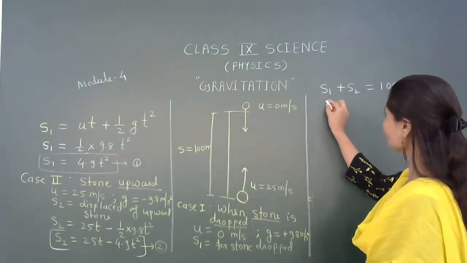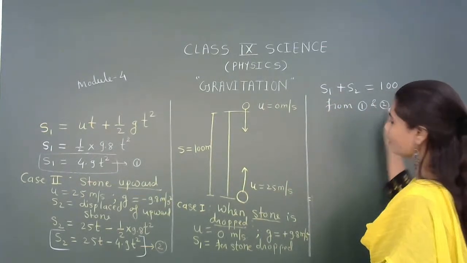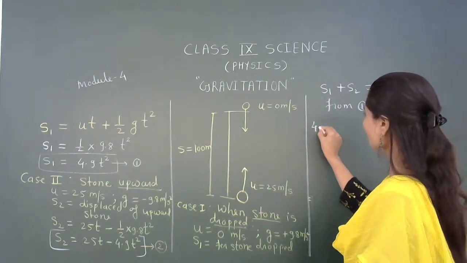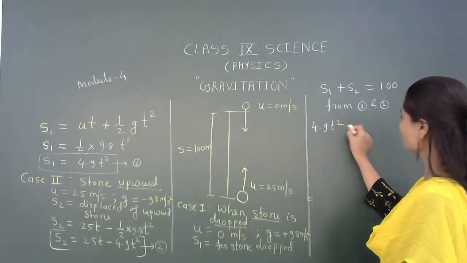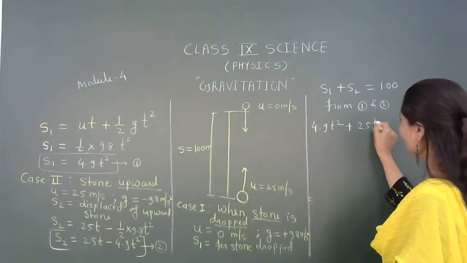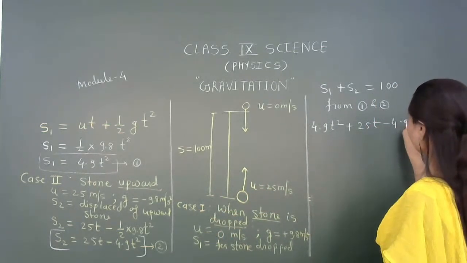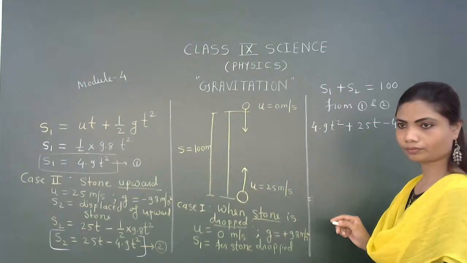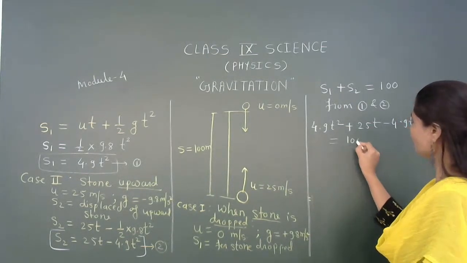So from equation 1 and 2, what we will get? S1 is 4.9 t square, and addition of this plus 25t and this minus 4.9 t square is equivalent to what? 100.